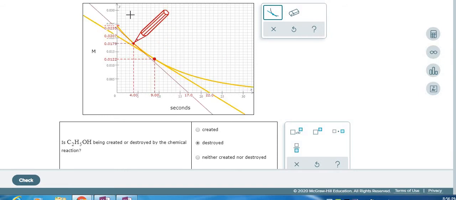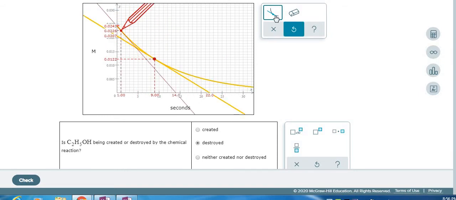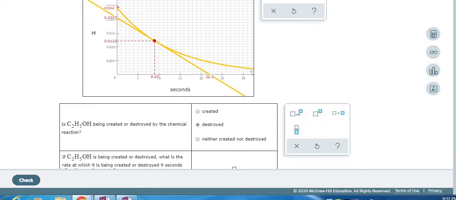It crosses the y-axis at 0.0207 molar, that you can see right there. Okay, so I have my tangent line drawn, and it also is telling me at 9 seconds right here the concentration, and of course it tells me the time right here. Okay, so let's see if we can answer these questions real quick.